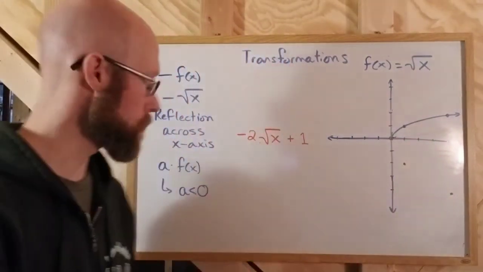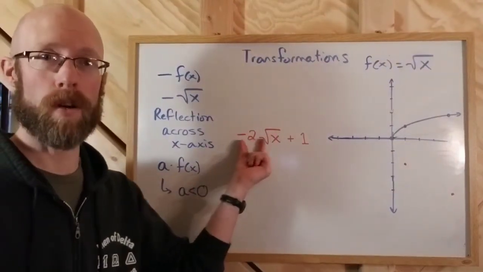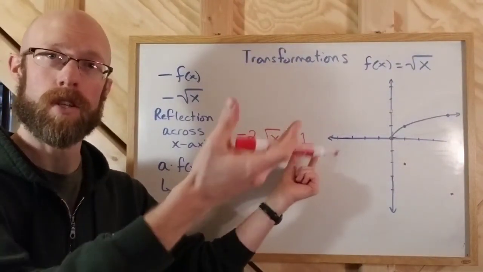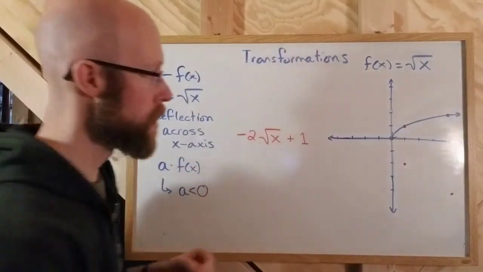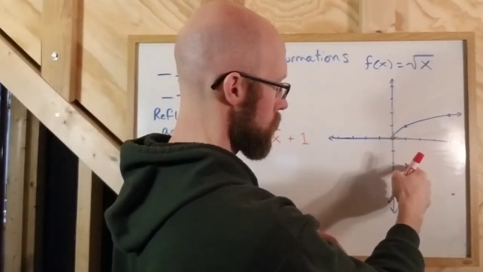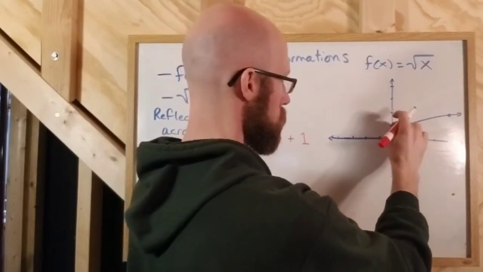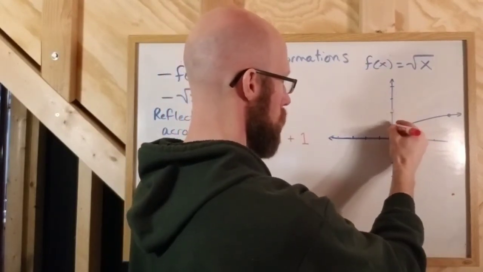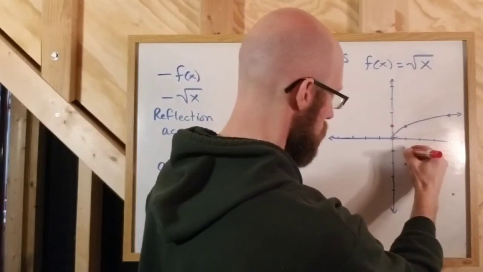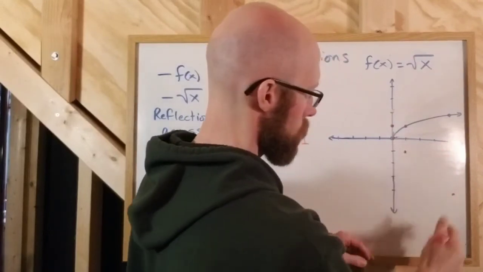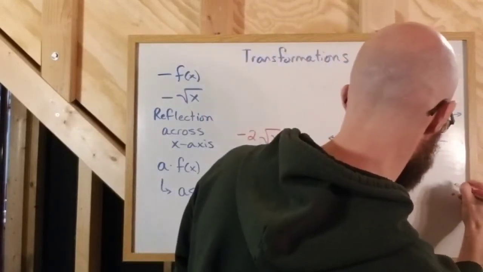However, I'm not done yet because I've only applied the negative 2. Then I yet have to shift those points up 1. So instead of being at 0, negative 2, and negative 4, I need to add 1 to those. So it would actually be at 1, it would be at negative 1, and it would be at negative 3.